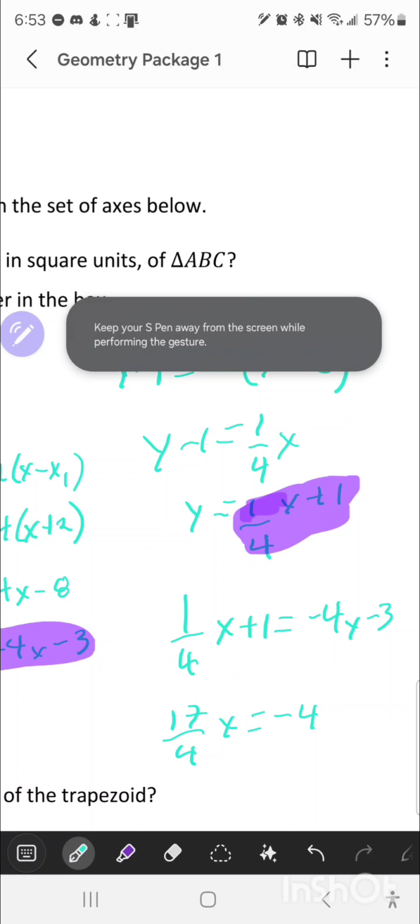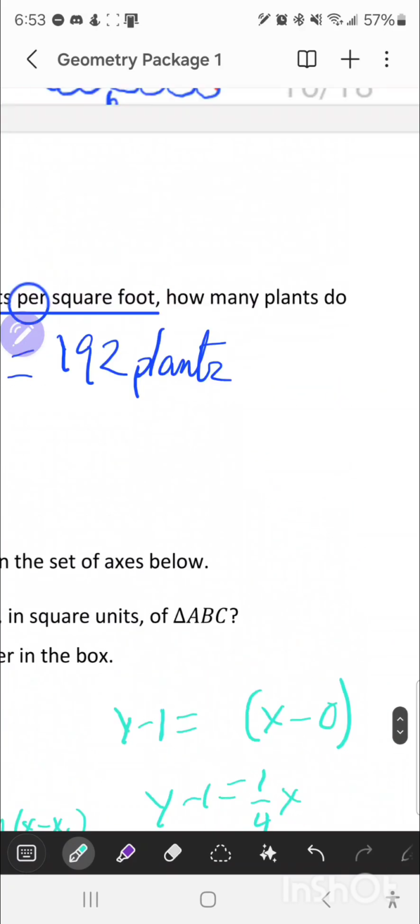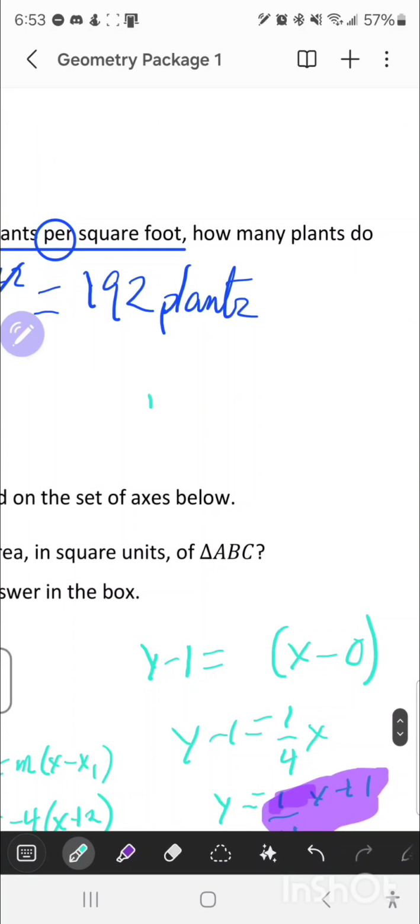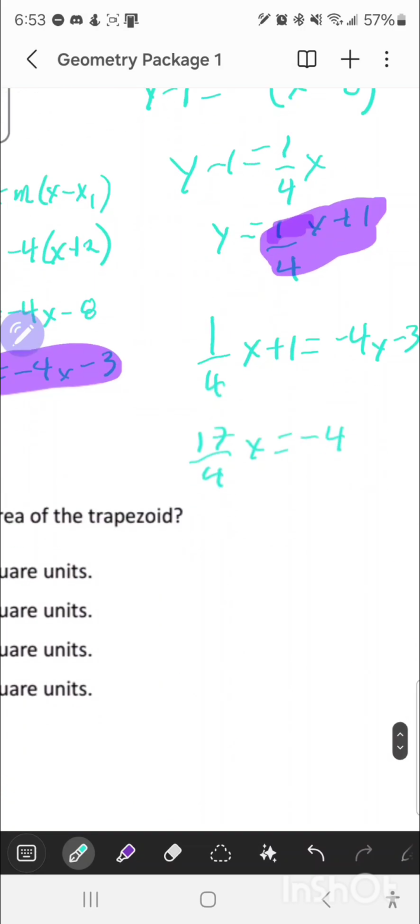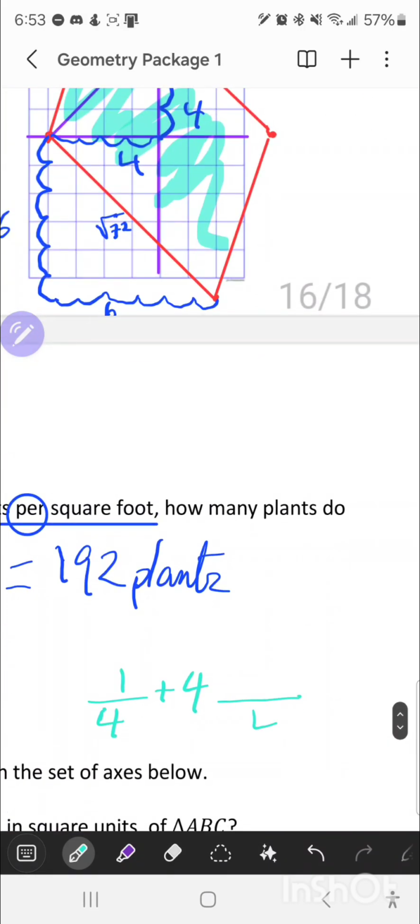And on this side, as I was explaining before, 1 over 4 plus 4 with a common denominator: 4 divided by 4 is 1, 1 times 1 is 1, 4 divided by 1 is 4, 4 times 4 is 16, plus 1 is 17 over 4. Yeah, that's basically what I did.